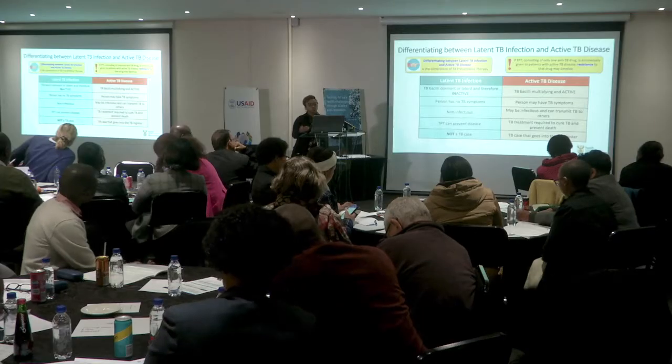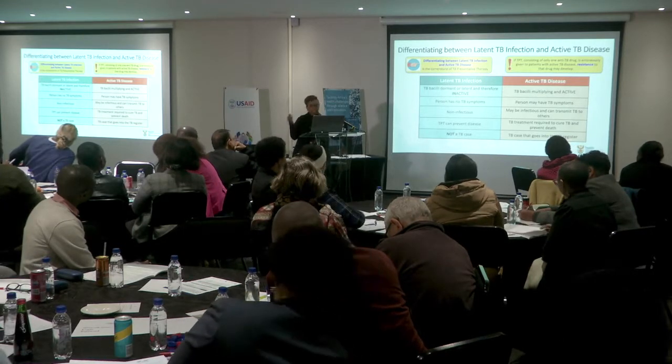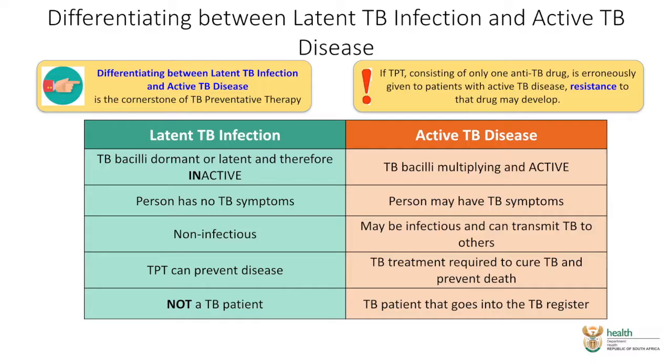We are exposing a dormant bacilli to the INH prophylaxis, so the chances of getting a resistance are less in that instance. But TB bacilli that's multiplying actively, these patients do not qualify for INH prophylaxis.